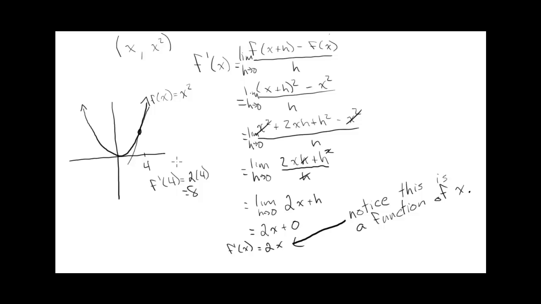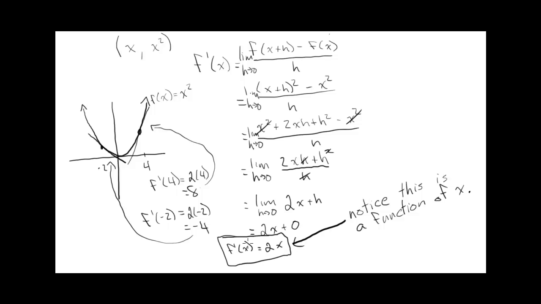So the slope of this line is 8. Let's say I wanted negative 2. So I want the slope of this line. So f prime at negative 2 would be, use this, 2 times minus 2, negative 4. So the slope of this line is negative 4. So this derivative function just gives us a slope at any point on the curve x squared.